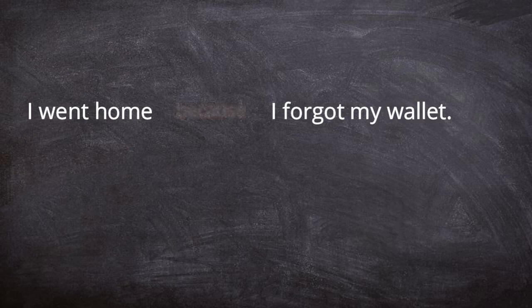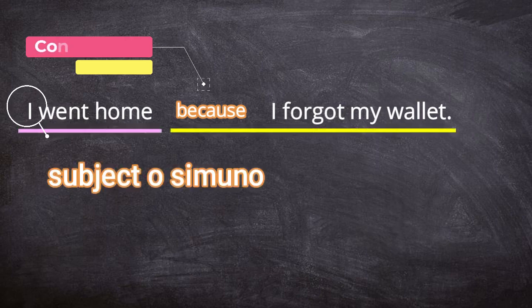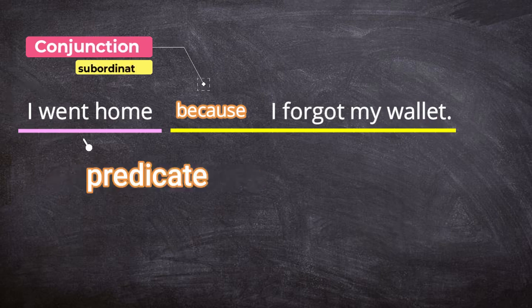So hindi siya kompleto. Unlike sa isa or sa una na I went home na meron siyang subject at meron siyang verb or meron siyang predicate which expresses complete thought. No? Kahit tanggalin siya sa pangungusap, kaya niyang mag-stand alone. Ulitin natin, meron siyang subject and predicate.